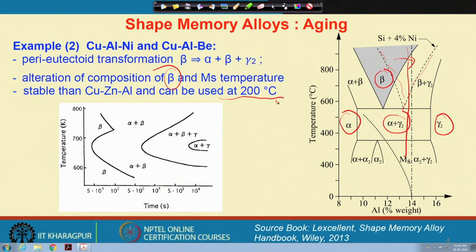Still, compared to the copper zinc system, this copper aluminum nickel or beryllium system is quite good, and it can be used as a high temperature shape memory alloy at or above 200 degree centigrade because of the stability of the phases. However, here this is also another interesting diagram of temperature versus time, where you can see that we can always cool down and get a martensite.